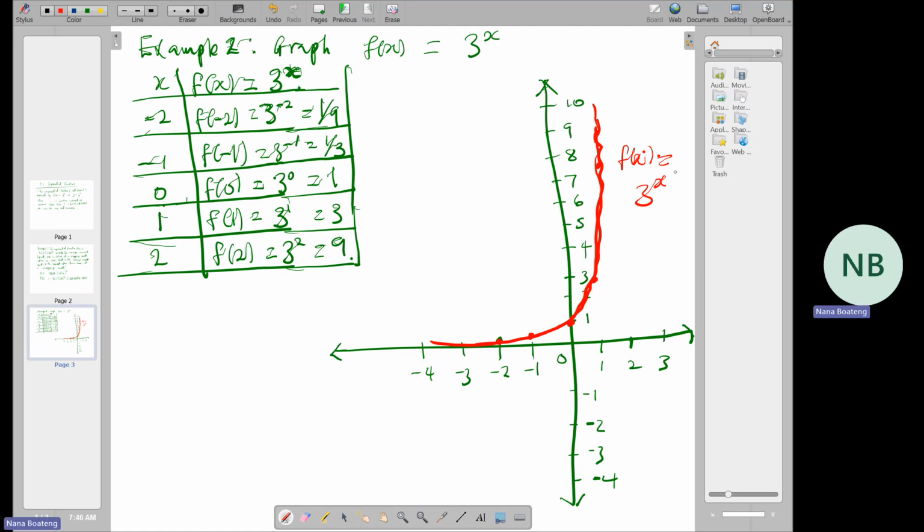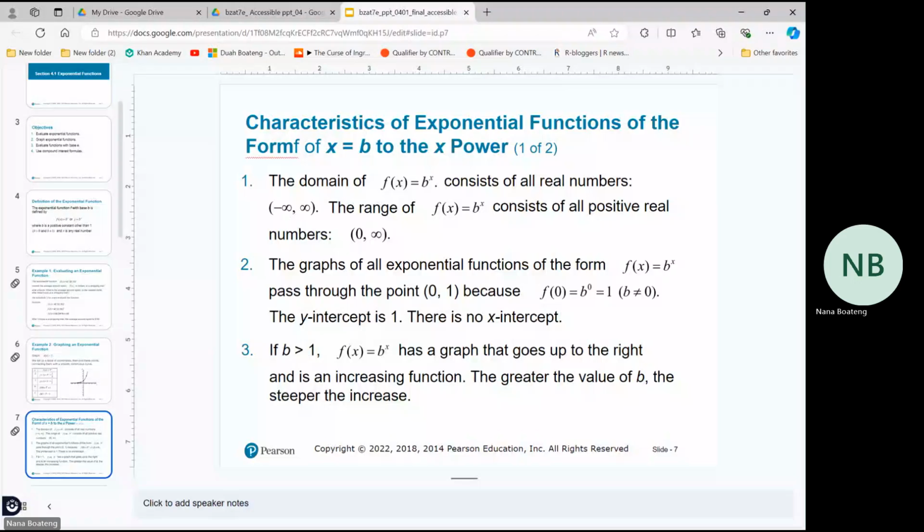All right. Let's look at some characteristics of an exponential function.